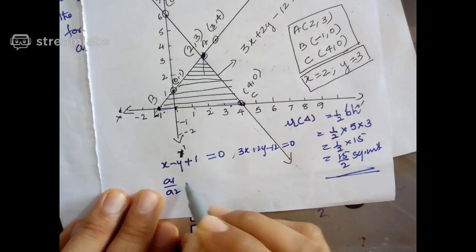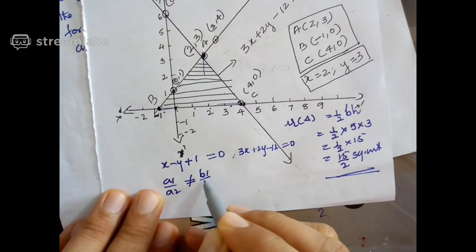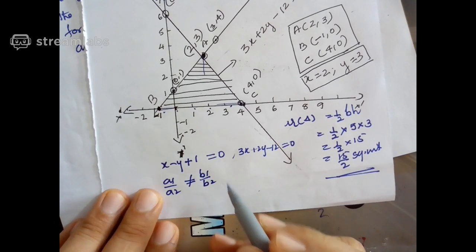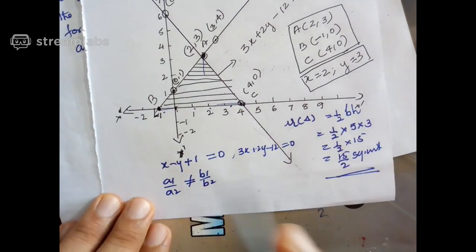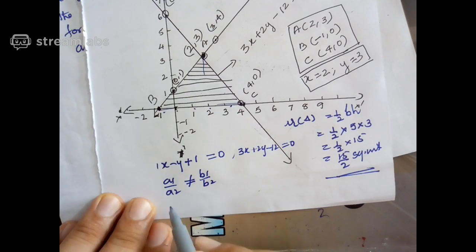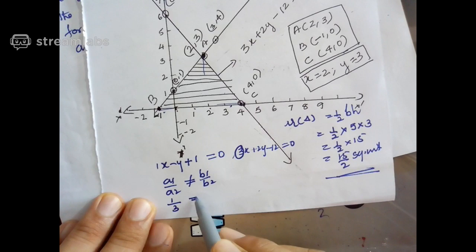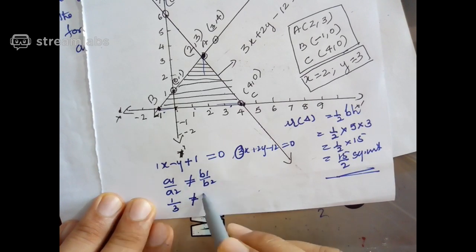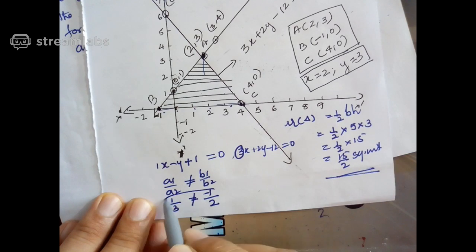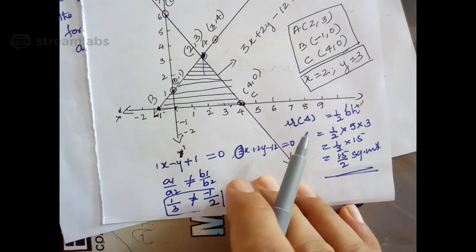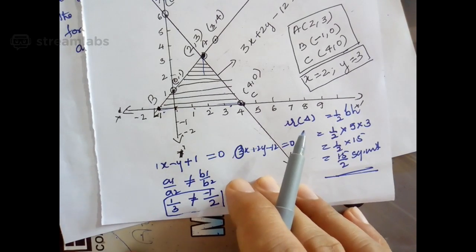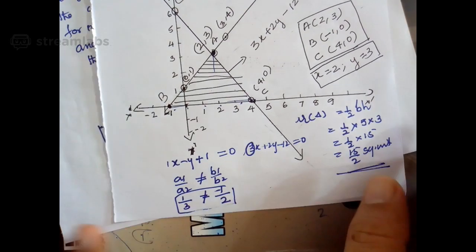A1 by A2 is not equal to B1 by B2. What is A1? It is 1. What is A2? This is 3. What is B1? Minus 1. What is B2? 2. 1 by 3 is not equal to minus 1 by 2. So that is intersecting lines, right?